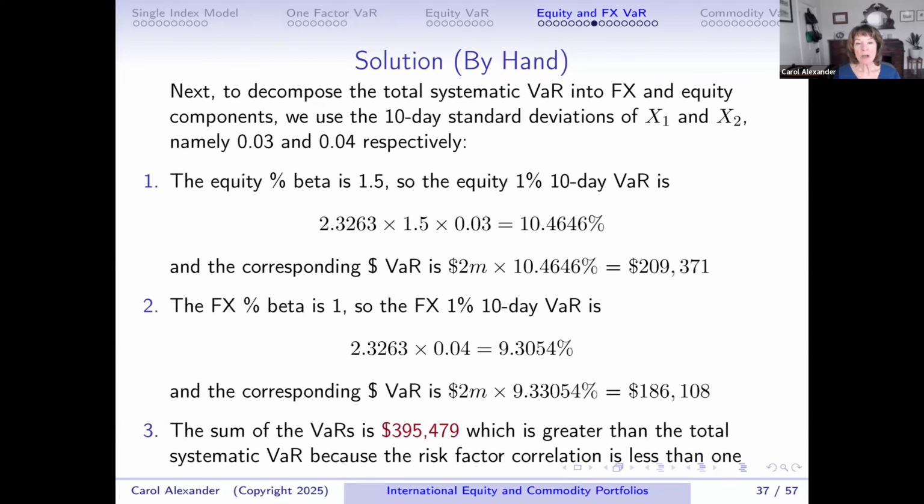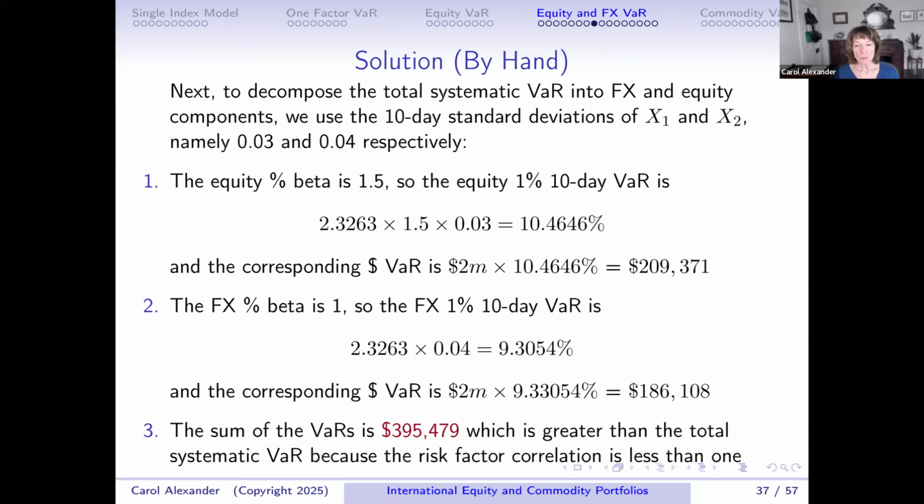Next, we need to decompose it into equity and FX components. And here we don't take into account that correlation of 0.3. So the equity percentage beta is 1.5.